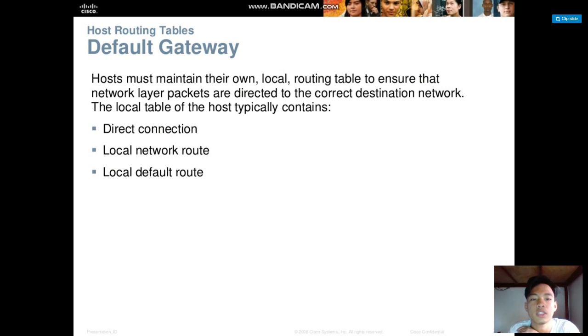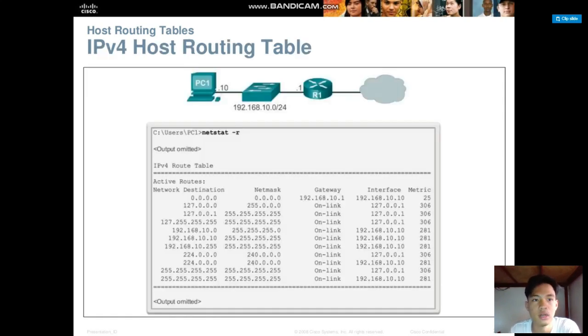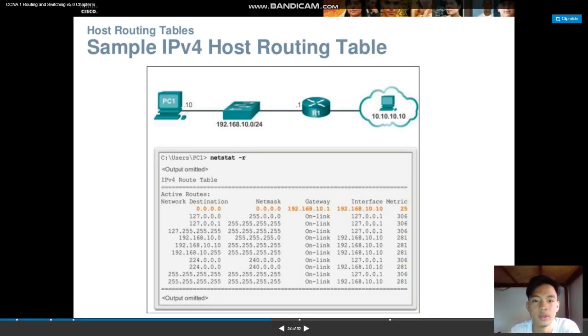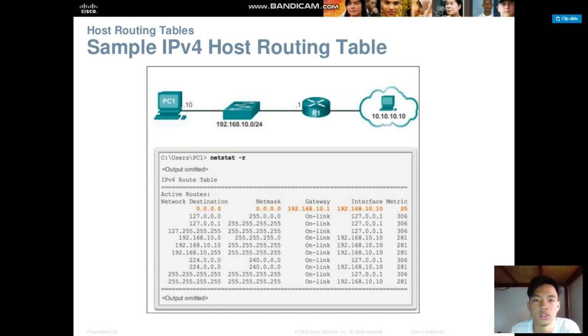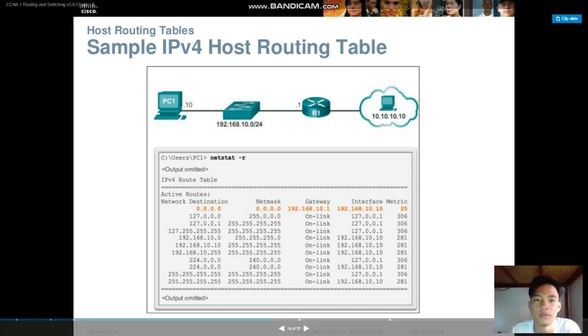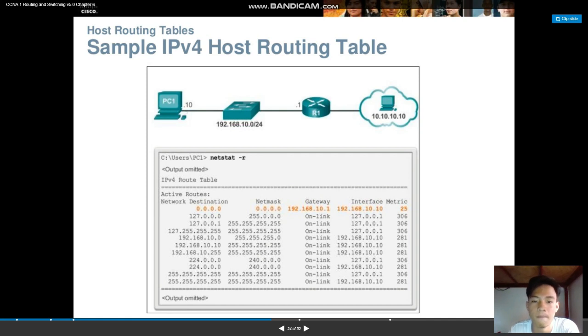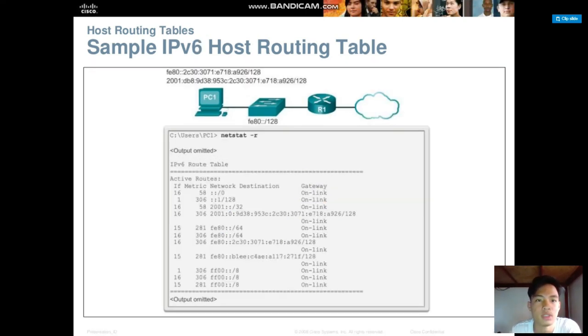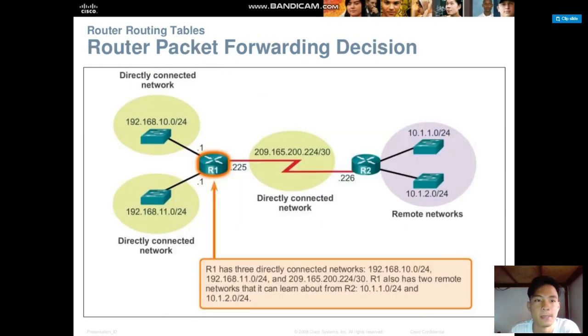The local table of hosts typically contains the direct connection, local network route, and local default route. IPv4 host routing table. This is the picture here, and a sample IPv6 host routing table. So this one is the IPv6 host routing table.